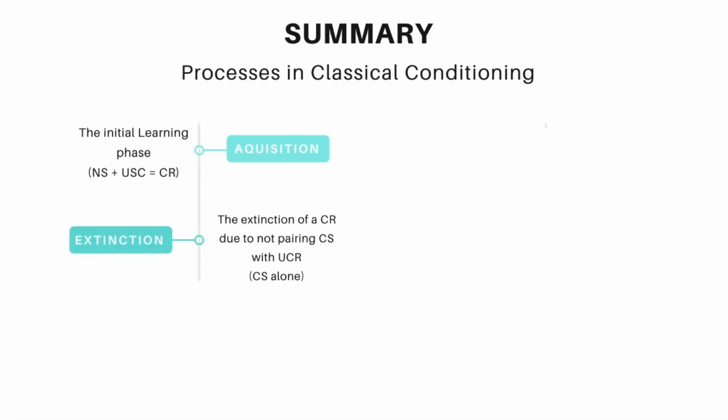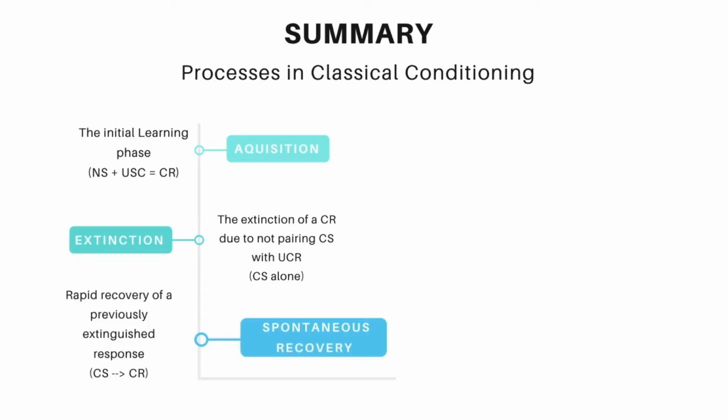We then learned about the concept of extinction, which is the period that extinguishes the expression of the conditioned response due to presenting the conditioned stimulus alone for a long period of time. We then moved on to understanding the concept of spontaneous recovery, which is the rapid recovery of a previously conditioned response following a break period after the extinction.